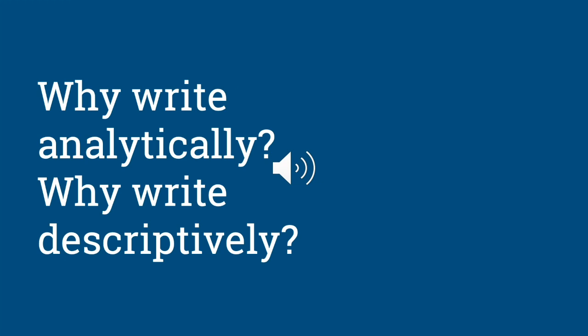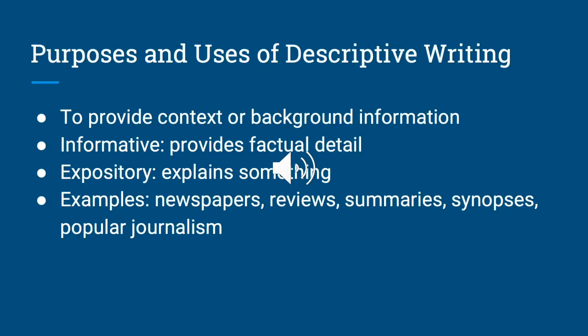So there are specific purposes and uses of descriptive writing. Although in academic writing we push you to write analytically, there is sometimes a need to use descriptive writing. And there are reputable sources that might use descriptive writing.